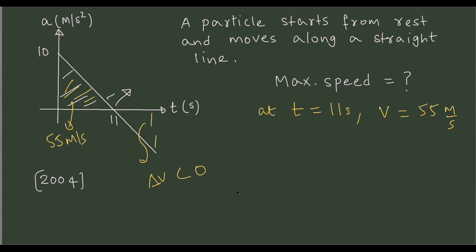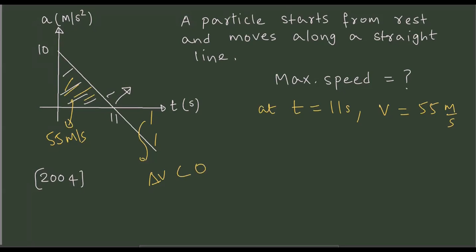Wait, just a second. This is the max velocity, no? Max speed, like if it goes in the other direction. Oh, yeah. I think they should say maximum velocity only, not maximum speed. I wrote it as maximum speed here.